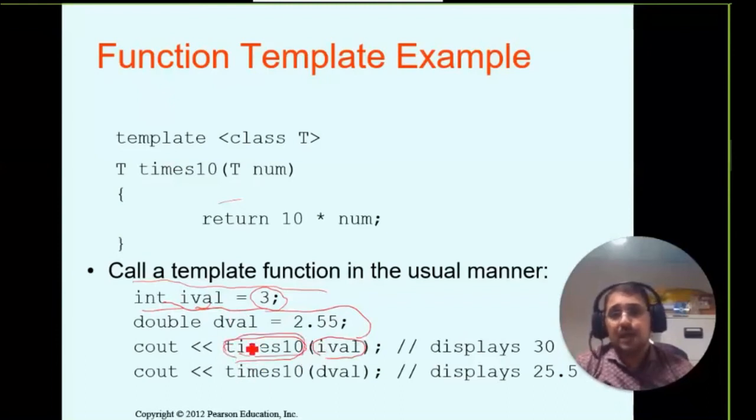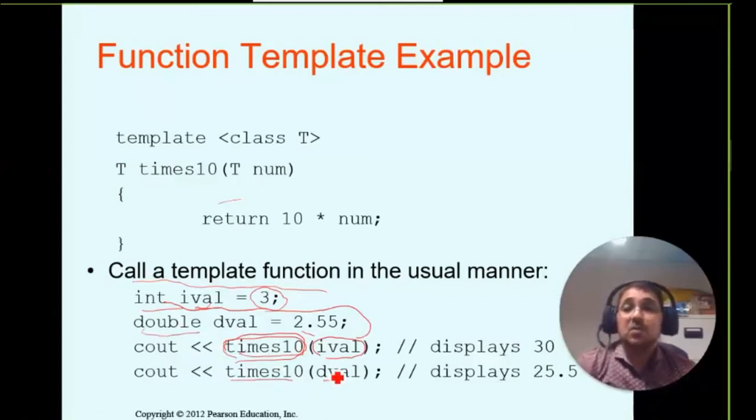Now another one, if you call with a double value, you see here is a double value. So if you call the same template with a double value, then the compiler will generate a double version of this template. So what does it tell us?